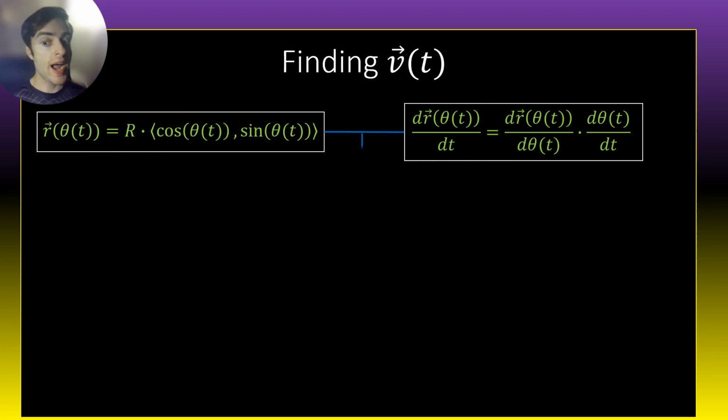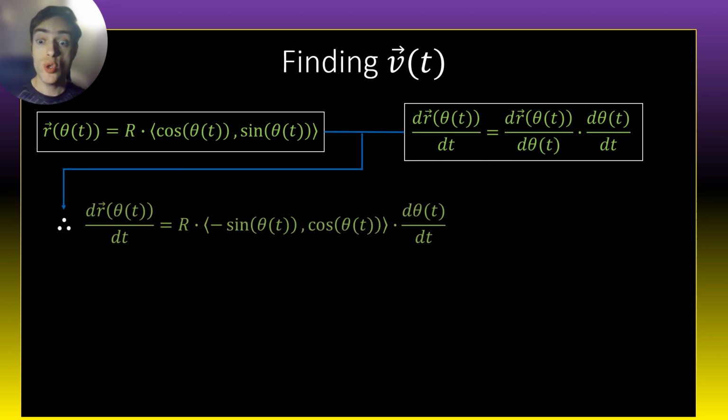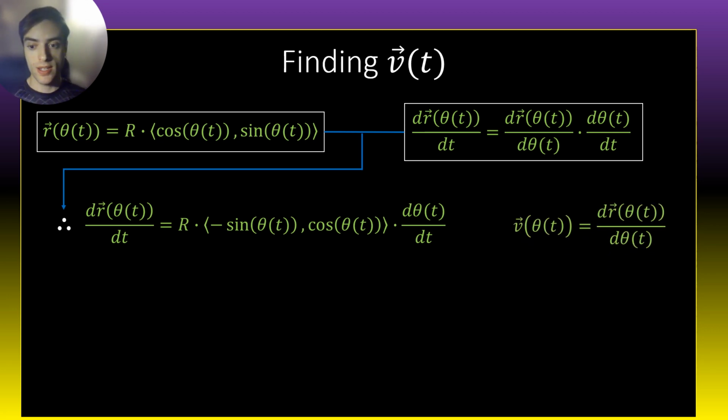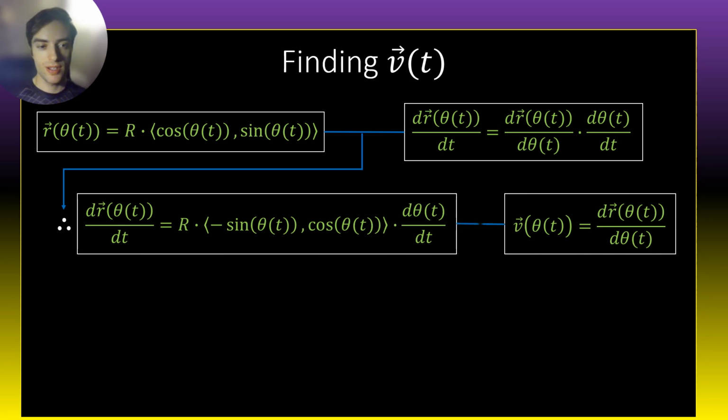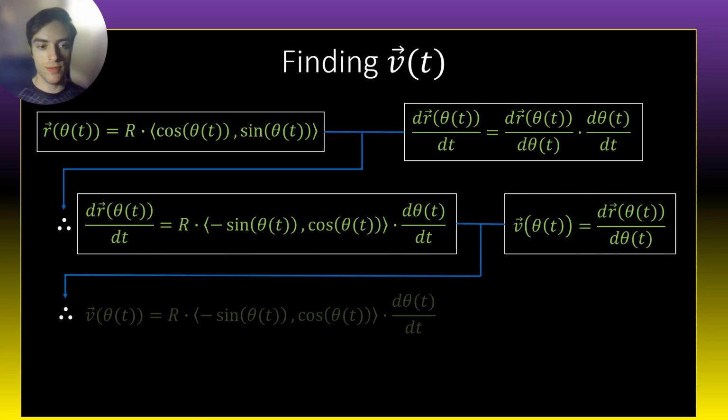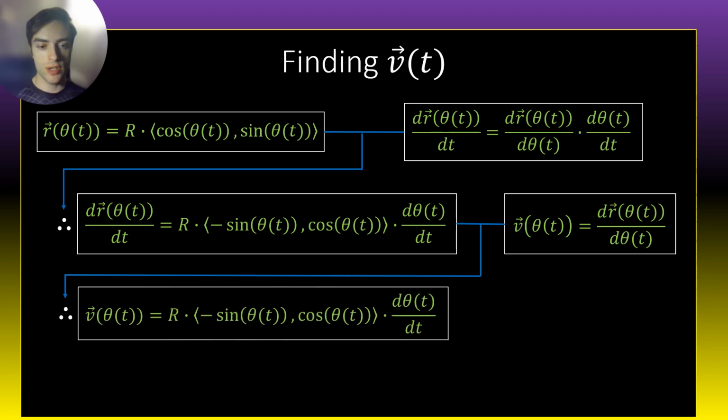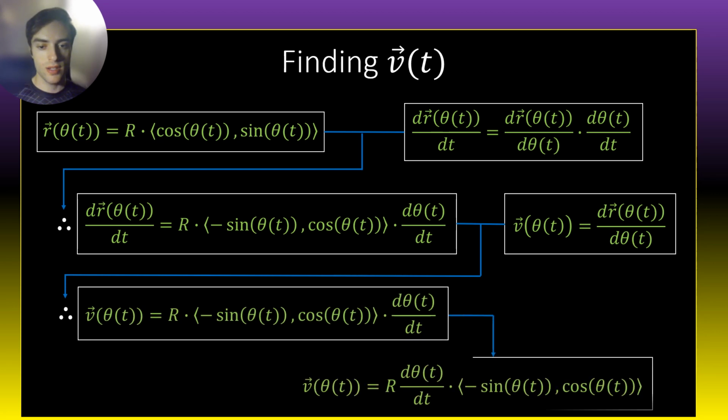And now we could combine this information to get the derivative of your path with respect to time. And so we know that this derivative of the path with respect to time is exactly equal to the velocity of your particle. And so if we combine this information, then we get the expression for velocity as a function of theta of t, which could simplify to that.